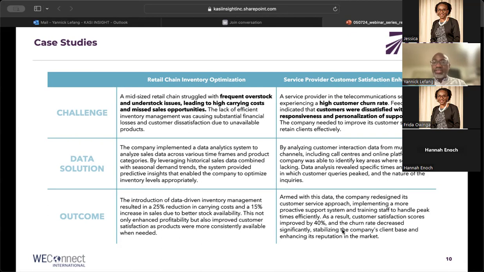And that can result in a 40% customer score improvement, and then a decrease in your churn. As all of us know, being in business, they always say your first customer is always the most difficult one because there's a cost of acquisition.